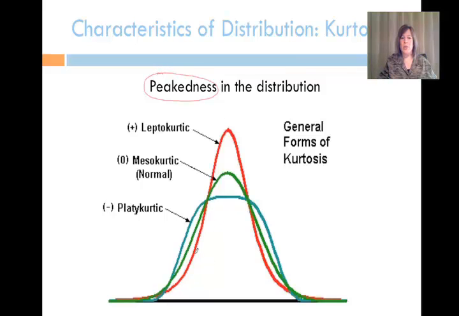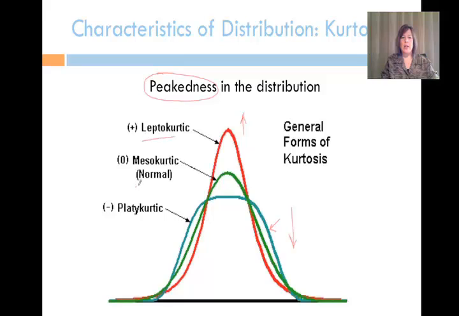So you can see here with the different curves, this is more peakedness, and so the kurtosis statistic will be higher. And this blue one is less peakedness, and so the kurtosis value will be lower with that one. So it's a measure of basically how flat the distribution is, or conversely, how peaked the distribution is.